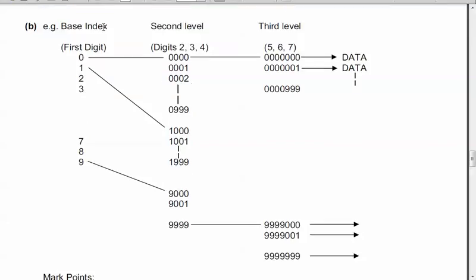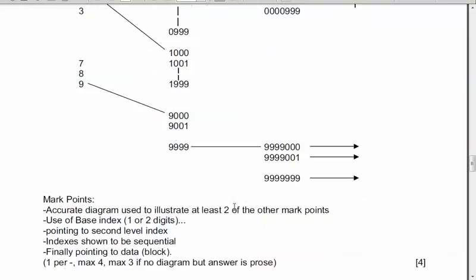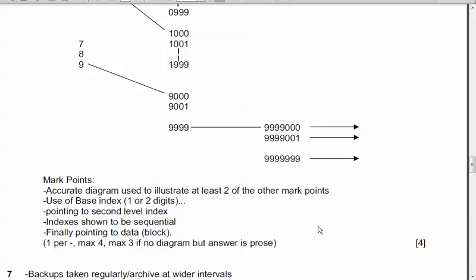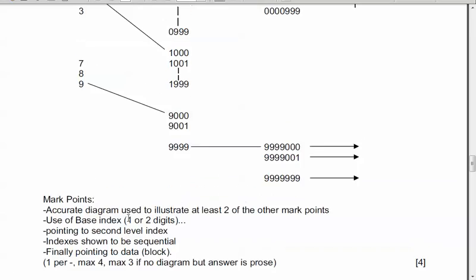The only difference was that instead of just putting 3 digits here for 5, 6, 7 and 3 here for 2, 3, 4, they're actually rewriting all of the digits each time, so the whole 7 digits there, which might be a little bit more confusing to you. So that is the answer as an illustration, and that is how your marks have been awarded for the question.